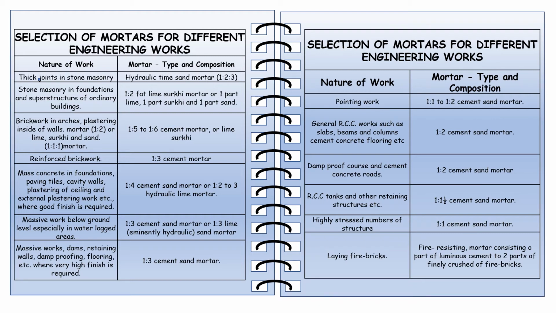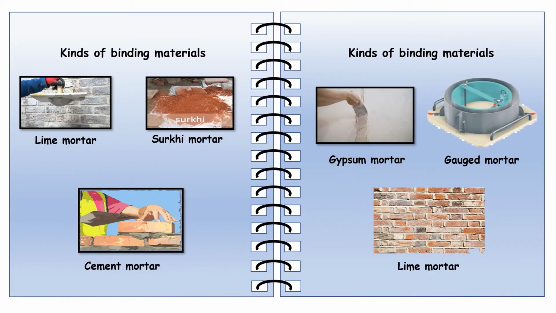Highly stressed members of structure: 1:1 cement sand mortar. Laying fire bricks: fire resisting mortar consisting of 1 part aluminous cement to 2 parts of finely crushed fire bricks. Kinds of binding material: lime mortar, surki mortar, cement mortar, gypsum mortar, gauge mortar.